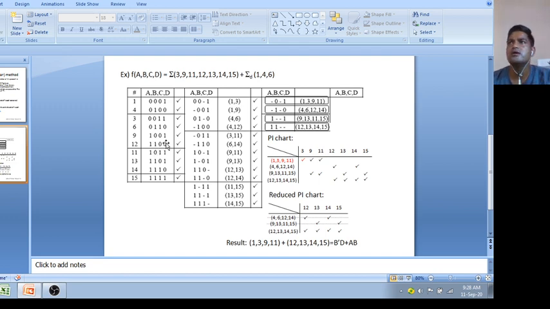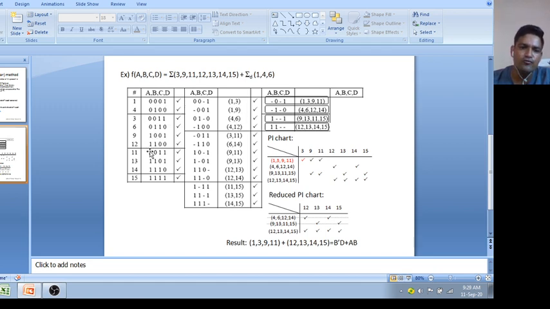The rule is that at one time only one variable will change in the same position. Similarly compare 4 with 3, 6, 9, 12. 4 6 is possible, similarly 4 12 is possible, and just check this. Now we have compared this group with this group.